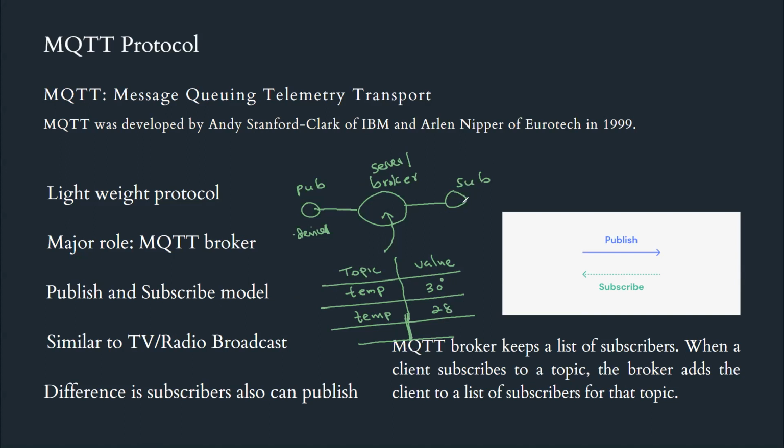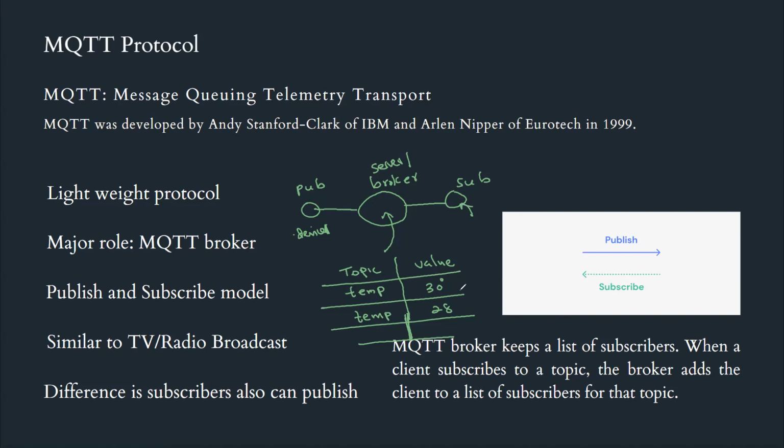The subscriber is the device which has subscribed to one of the topics in the broker. So if the subscriber has subscribed to the topic temperature, then the subscriber will get the temperature information from the MQTT broker.